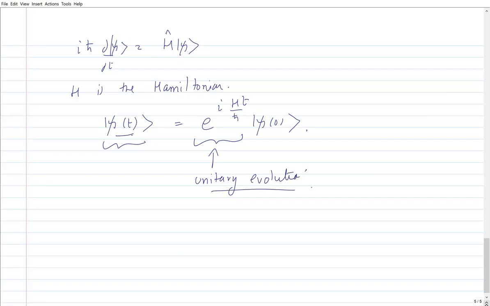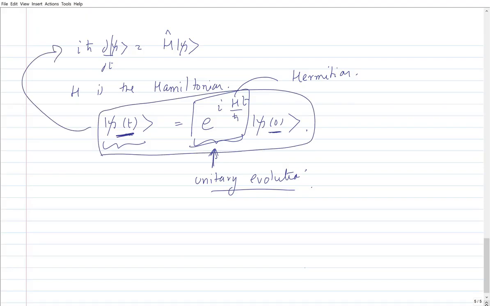So the future state of the system at time t is related to the initial state by a unitary evolution. This is going to be a unitary operator since H is a Hermitian operator. This is just a solution to the Schrodinger equation.